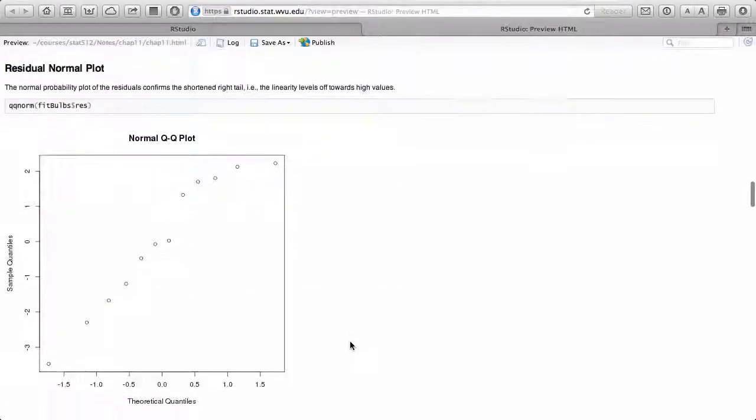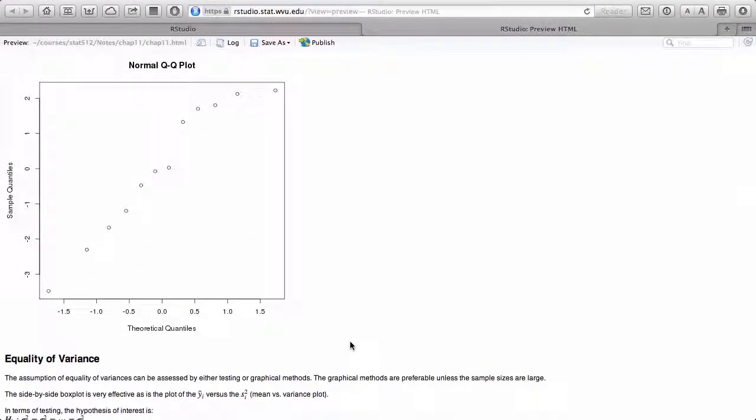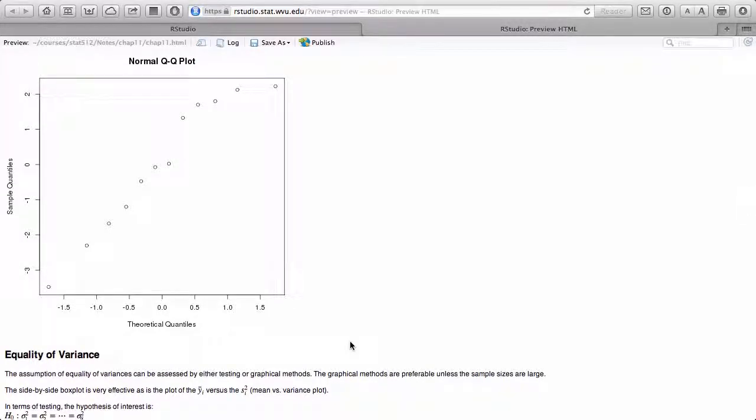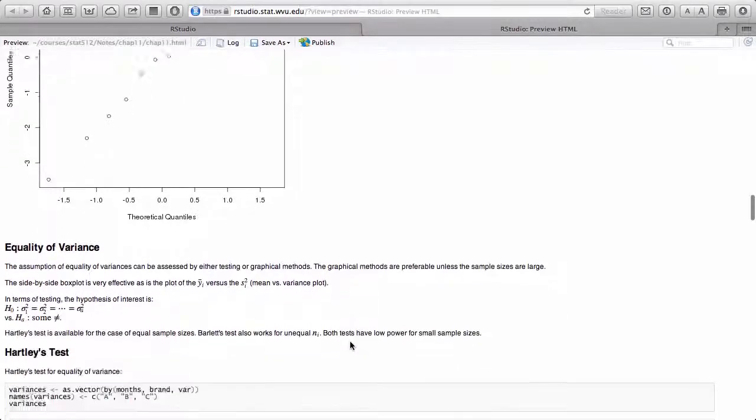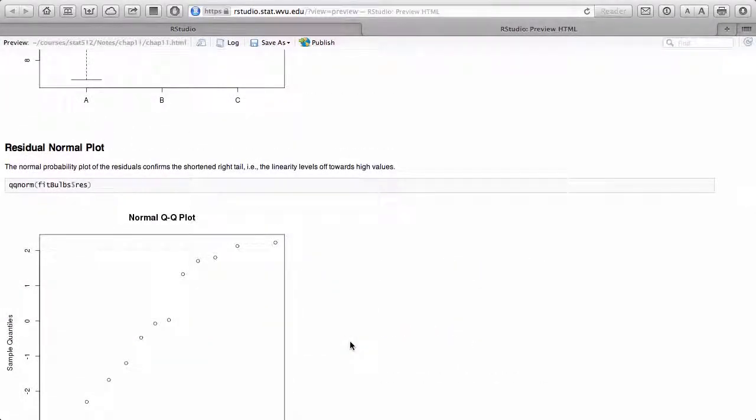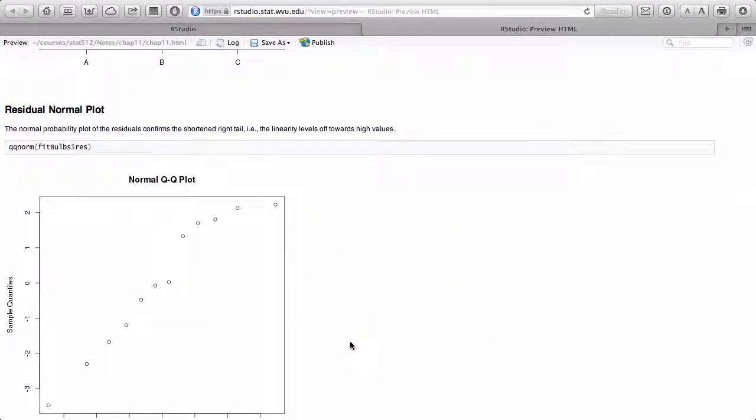So those are some plots you can do, and you can indicate that maybe there's some slight deviation in the upper tail. And if you look at the residuals, you can kind of see that maybe something's going on. Again, that's the normal plot of the residuals, not the raw data.